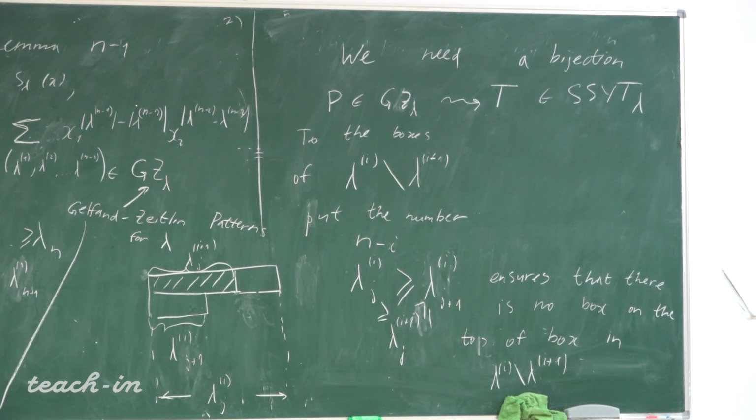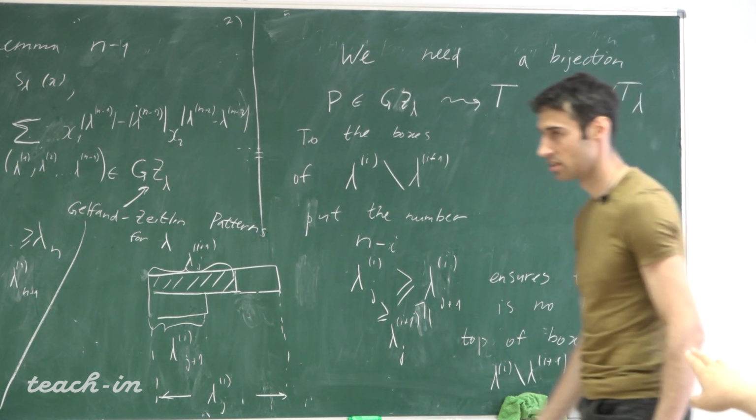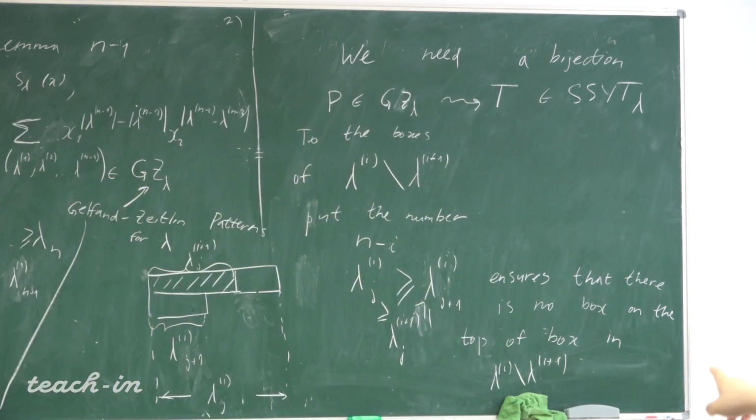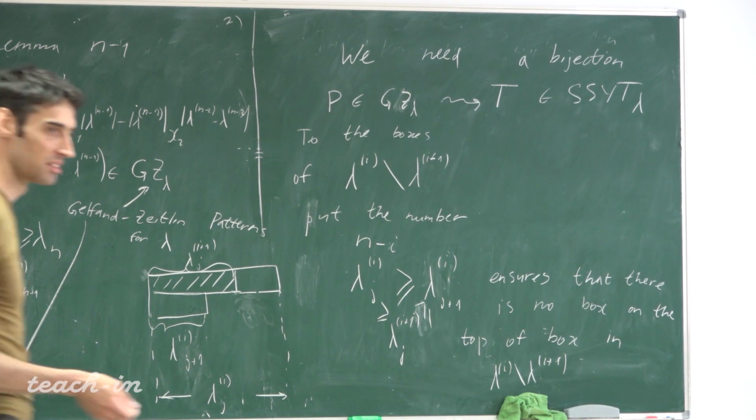For example, you have this map, given P. How many boxes are in the first row? Lambda 1, the number of 1 boxes in the first row. In the second, lambda 2, just like this.